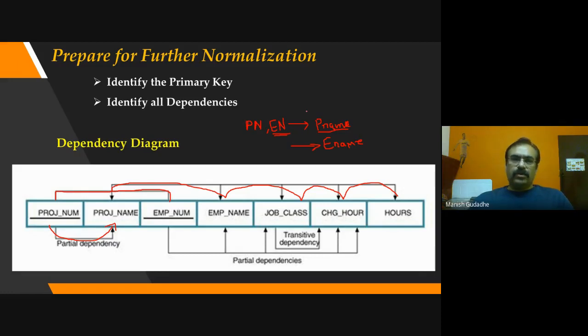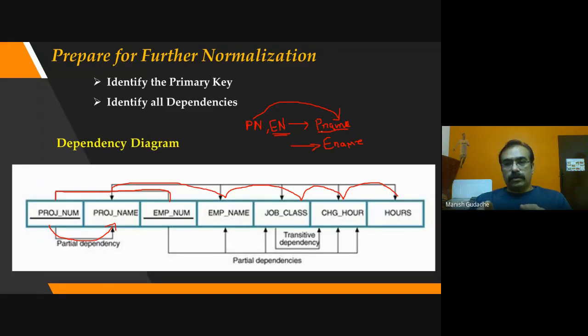It has nothing to do with that. Only with the help of project number I can identify project name. So basically this P name is not fully functionally dependent on the super key, but it is partially dependent on the super key.